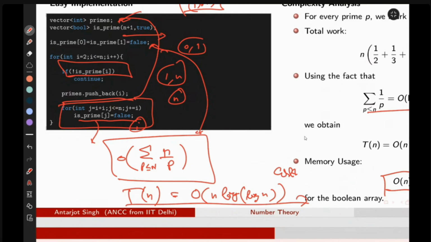That means that number has k distinct primes that have visited it, because this loop is visited only by a prime. If the number is prime, then this loop starts.